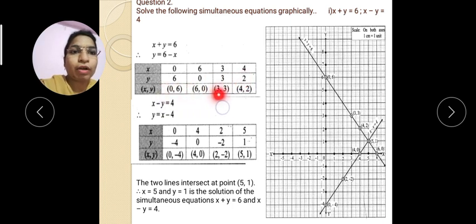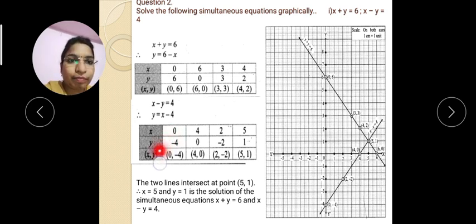After getting the coordinates, plot them on an xy plane, and then using a ruler, draw the line. Similarly, take another equation, find out the four pairs of coordinates, and then plot them on the graph.